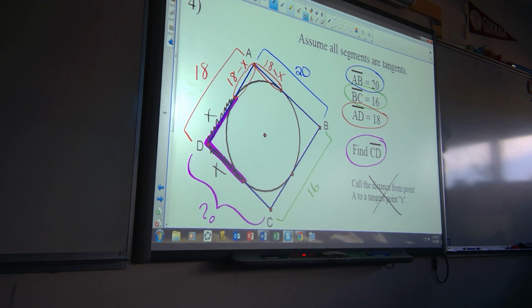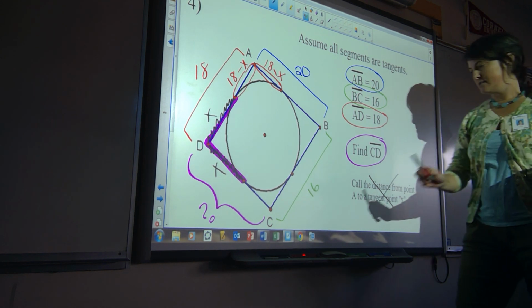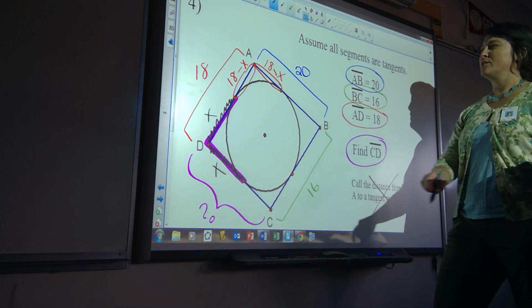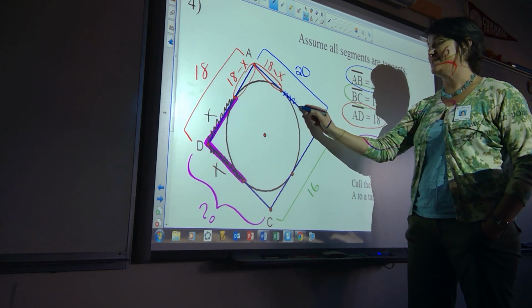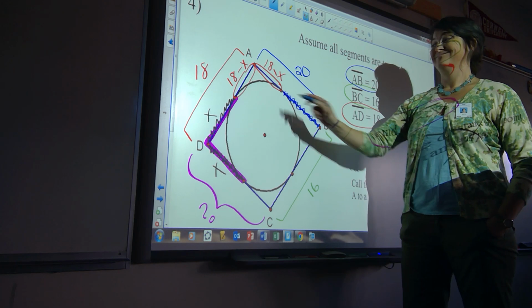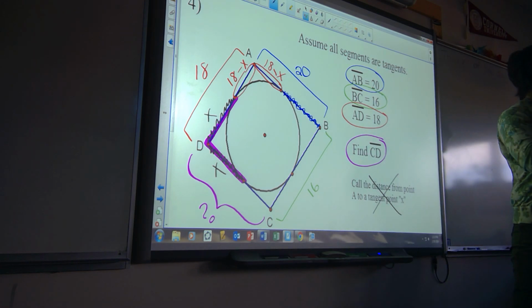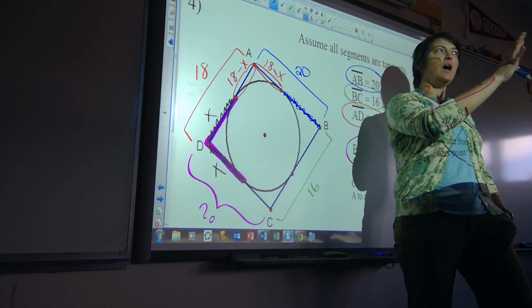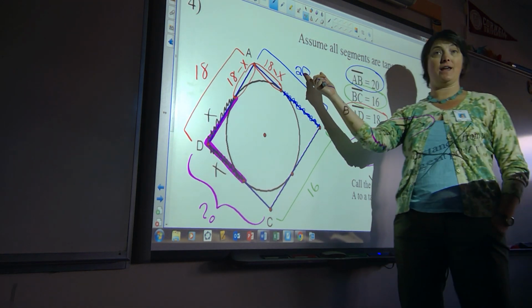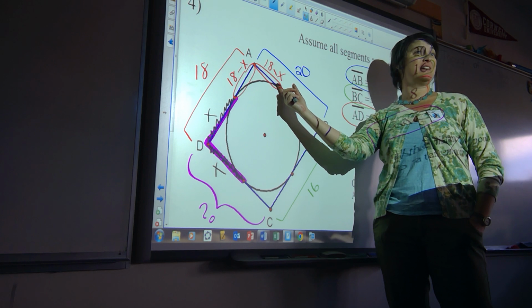All right, this is where the algebra comes in. So if that's 18 minus x and this whole thing is 20, could we figure this piece out? It's gonna have to do with 20, and it's gonna have to do with 18 minus x.